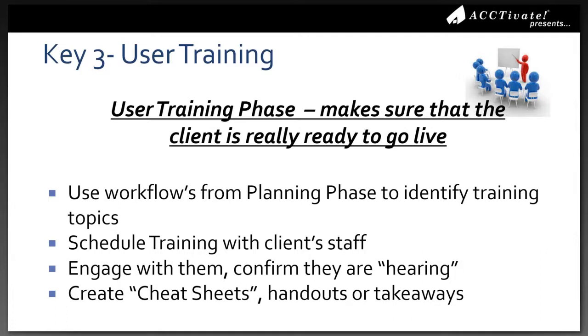So when you're going through the user training, you want to make sure that you're using those workflows that you identified and designed during the planning phase to figure out what topics you need to be trained on, figure out who's going to attend what different training sessions, and engage with them and confirm that workflow that you set up and you designed, make sure that they're hearing it, that they're understanding it, and that they're comfortable with it, so that when they go to use the software on day one, they're going to be actually comfortable using it.